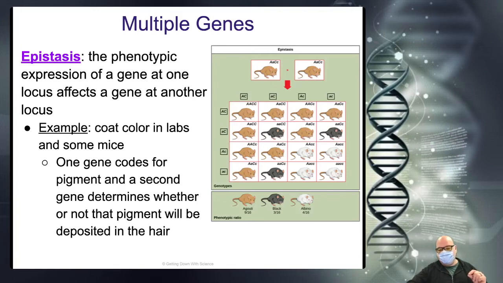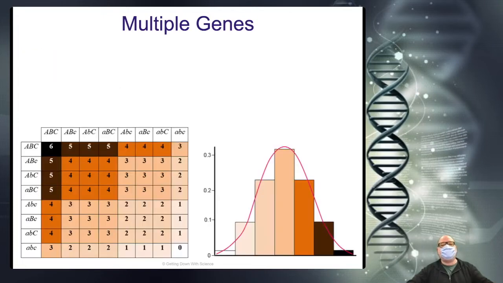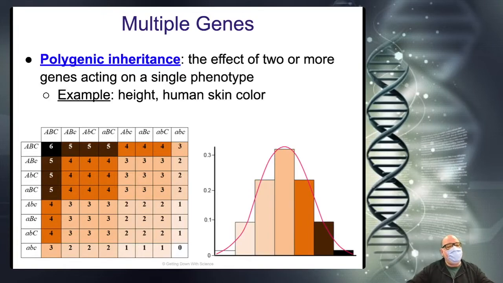All right. So you can get some weird ratios with these ones. All right, this one's kind of cool. This is polygenetic inheritance. Okay? If someone says that trait's polygenic, that means more than one set of genes control it.